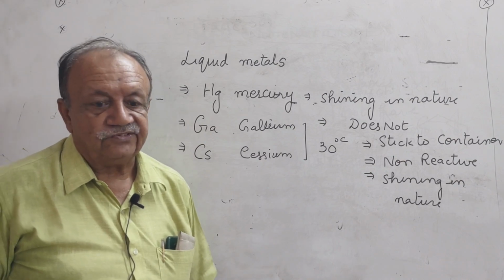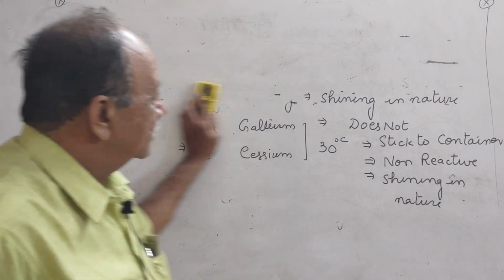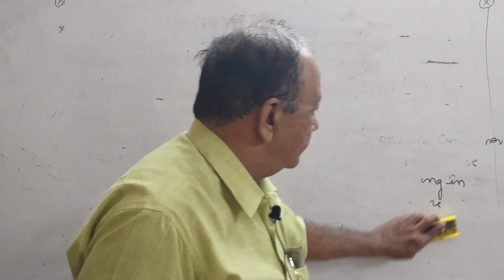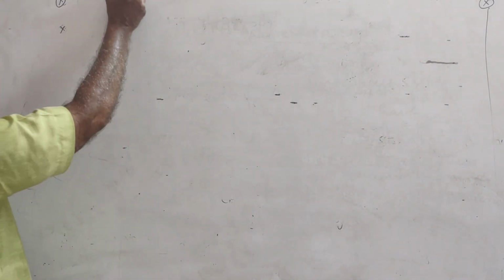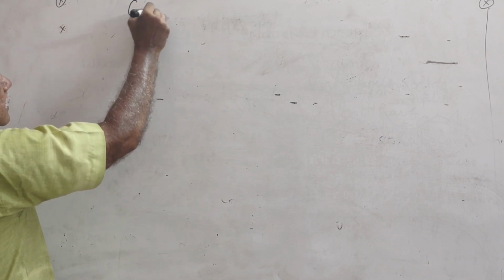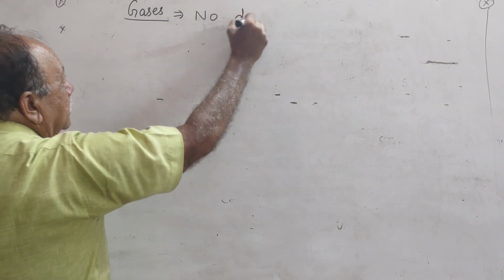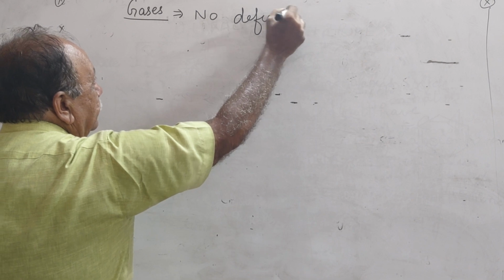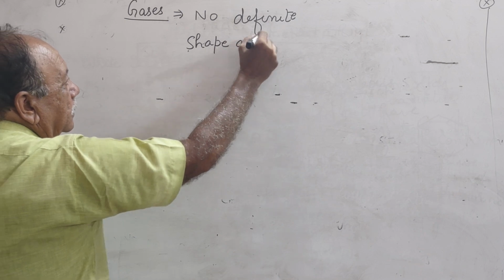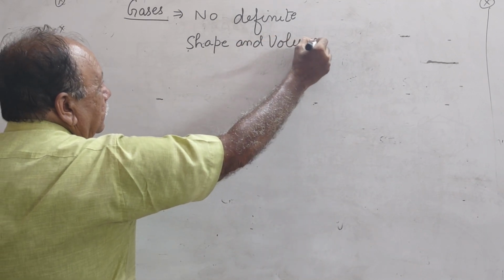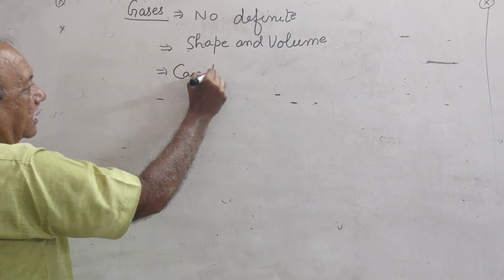Now comes the third stable form. What are gases? Gases have no definite shape and no definite volume. These gases can be compressed.